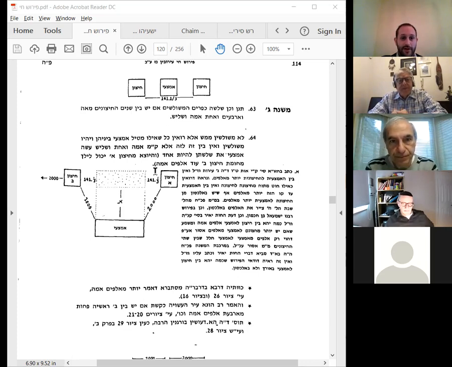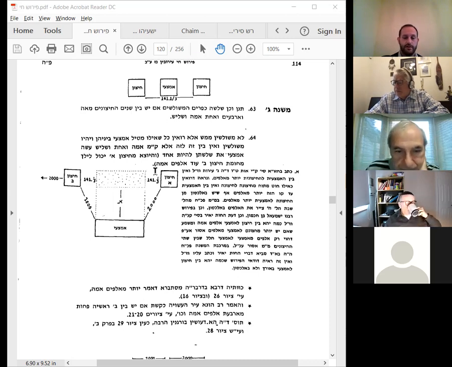So that was the case of one versus two cities in a row. Similarly, if you have three in a triangle, and there's only 141 1/3 separating two outer villages, the middle village will be able to combine them all into one.